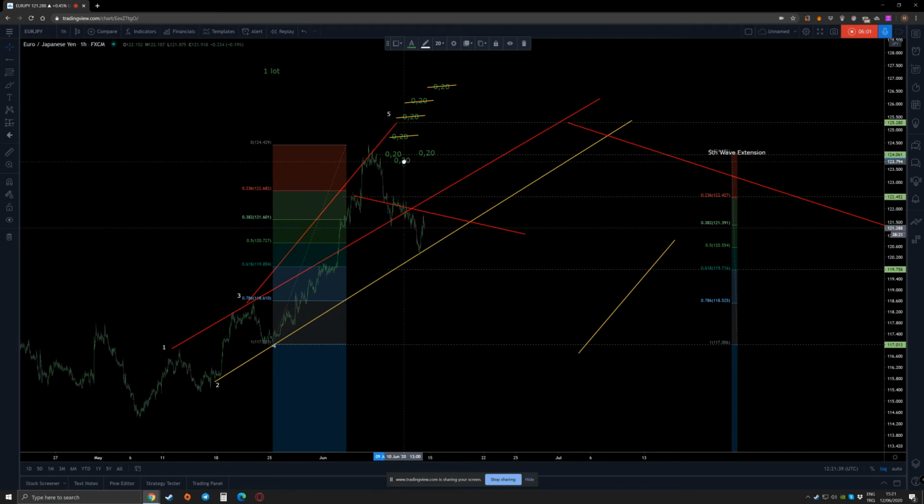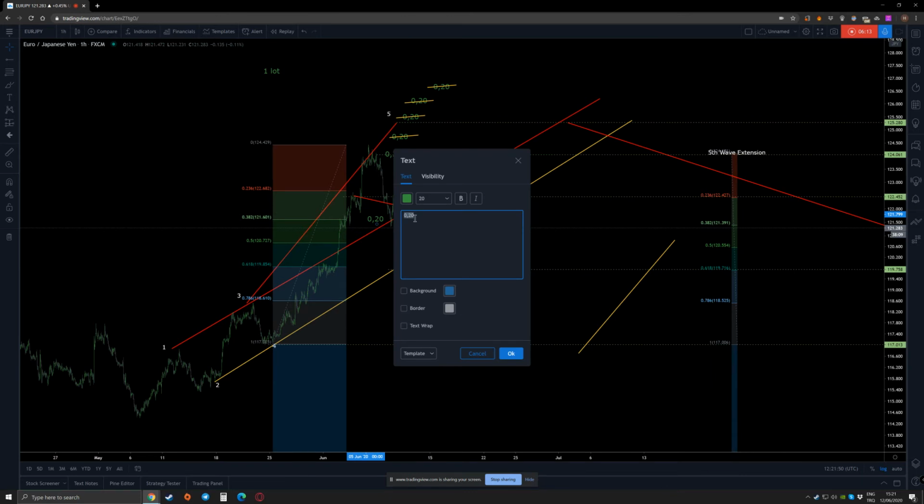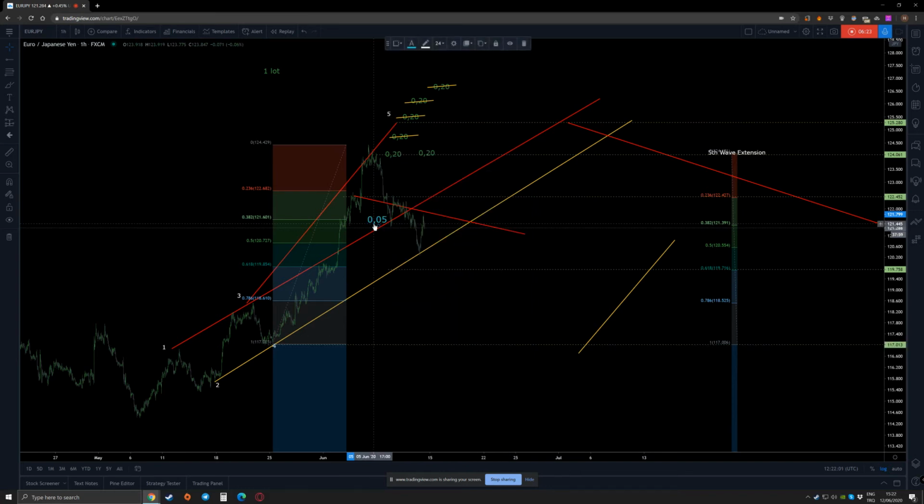What I would always do, if you took a short here, is make my first target the 1 to 3 trend line. So I would take, for example, 0.05 off here. Okay, so let's make it in a different color. In this way, I did take some off here.